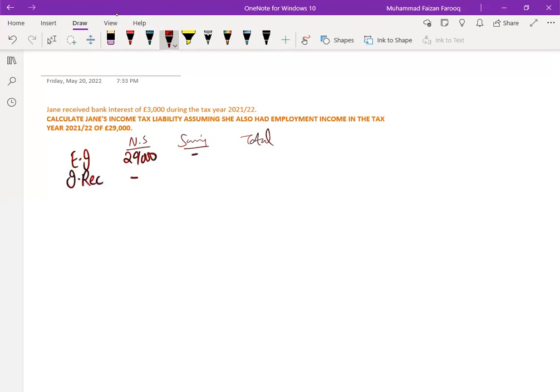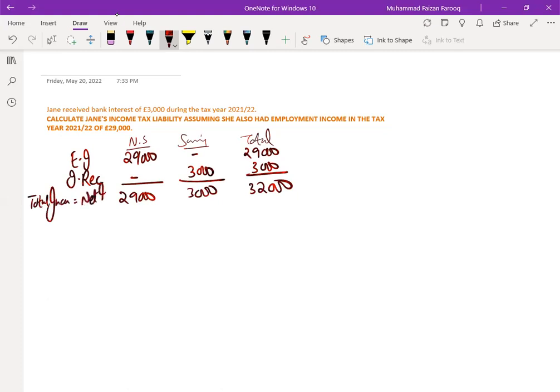Employment income is now 29,000 while the interest is the same, 3,000, giving me a total of 32,000, which is my total income as well as net income. Till here we are okay.